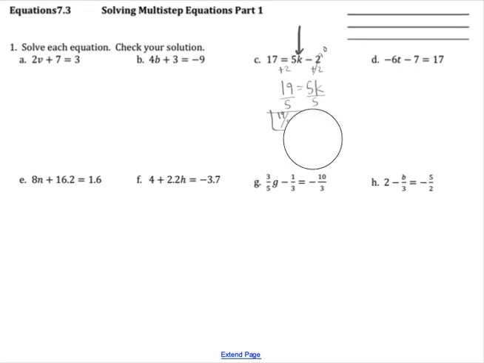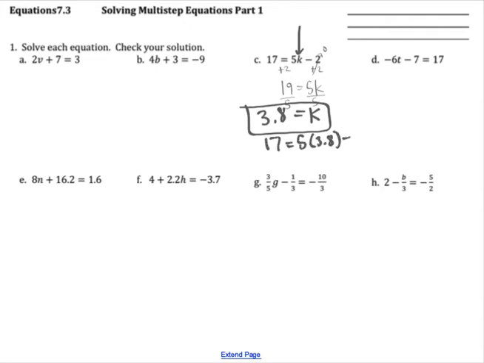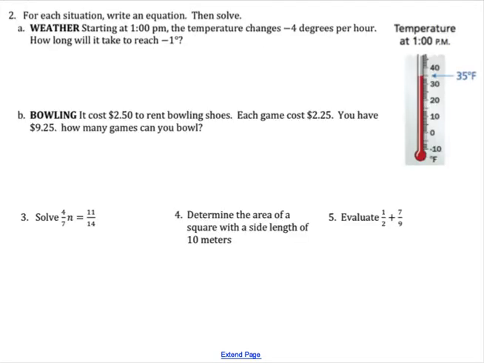So let me replace that with k equals 3.8. And that will be the answer I report. So 17 equals 5 times 3.8 minus 2. Well, 5 times 3.8 is 19. 19 minus 2 is 17. The answer does check out there.